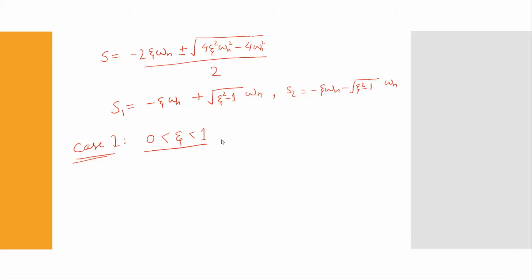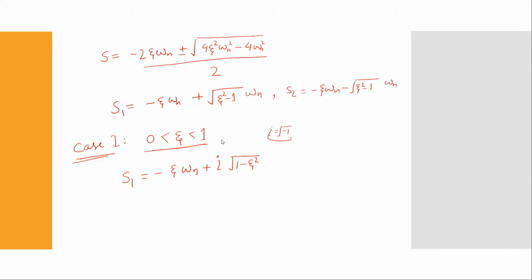Therefore we can say s1 would be equal to minus xi omega n plus iota times under root of 1 minus xi square, because iota is the imaginary part, which is equal to root of minus 1.